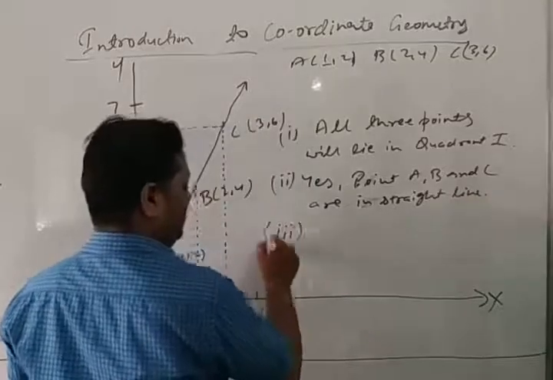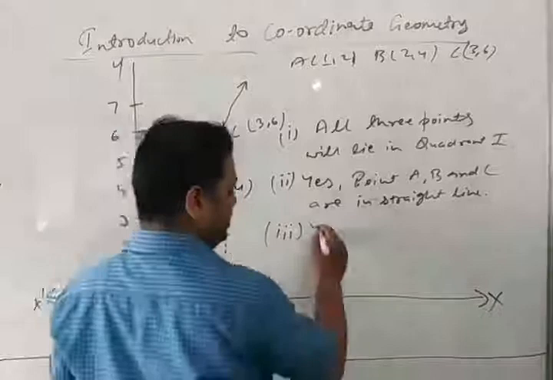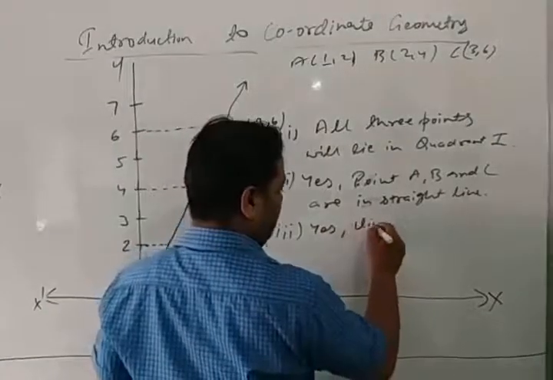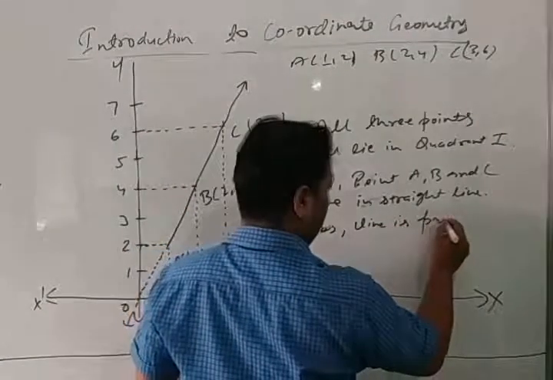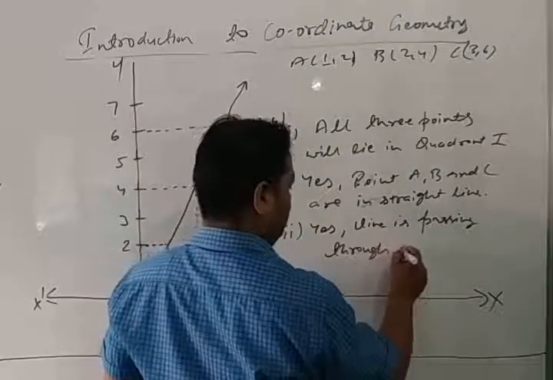Third, after producing BA, it will pass through the origin. Yes, the line is passing through the origin.